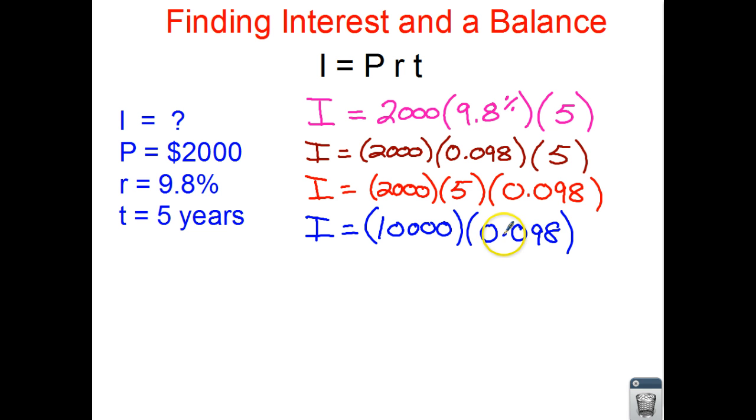So we could move this decimal over 4 places to the right, or we could go off to the side and do our work. We would have 10,000 multiplied by 0.098.